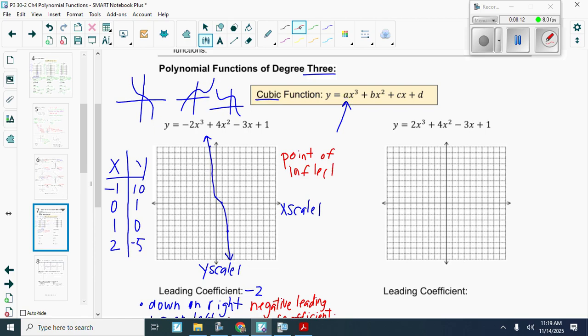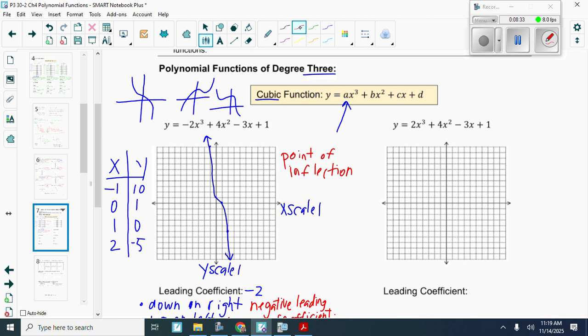Remember on your homework questions last night, it said turning point, and you were looking at that going, what's a turning point? And I said, if it's a min or a max, that's a turning point. Do you think a point of inflection would be a turning point? That's right.